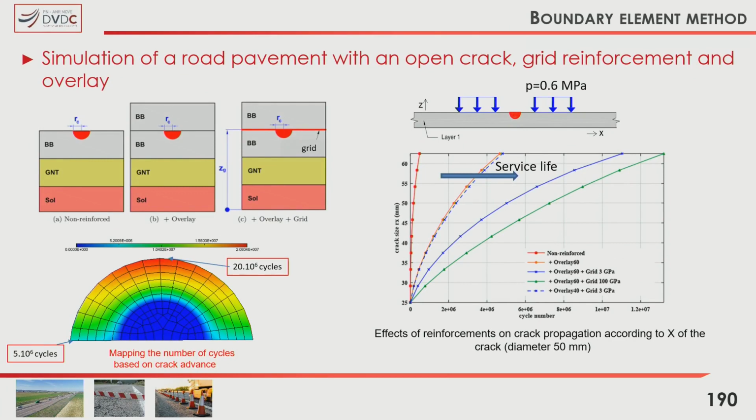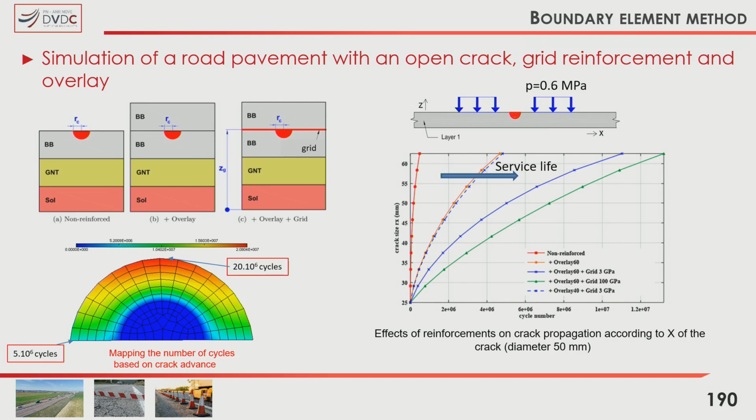Then we also looked at simulating road pavements with an open crack, 50 millimeters in diameter, with different cases, considering whether it's possible to reinforce it, whether it could be filled, or reinforced with a grid in the structure. The geometry is the following.